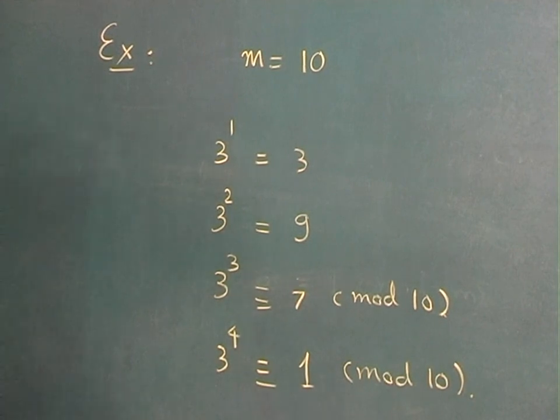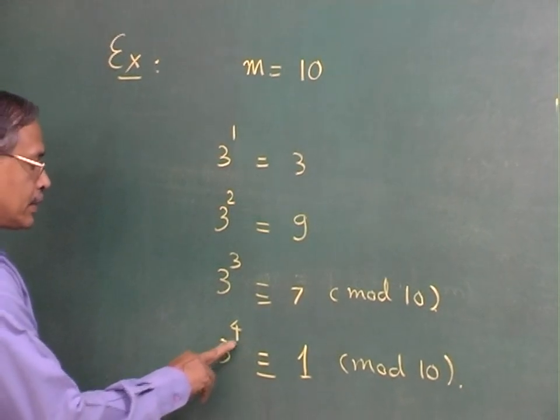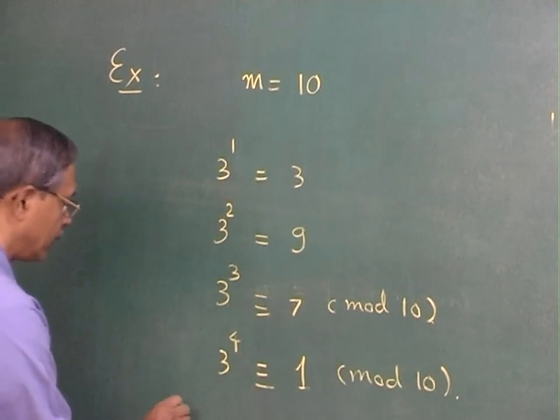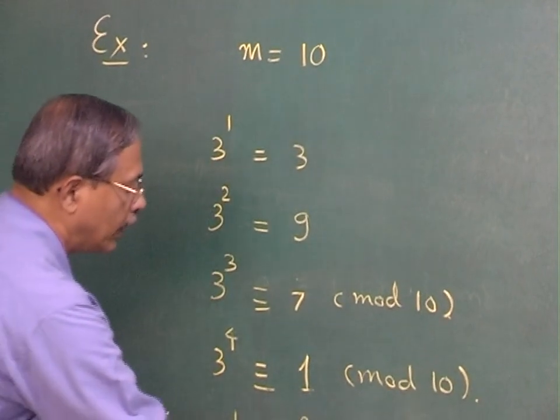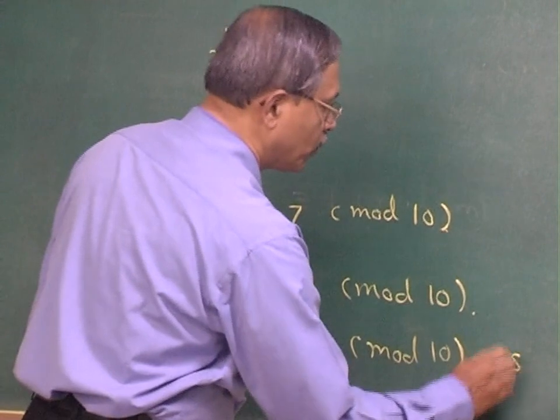So here 4 is the least such that 3 raised to 4 is congruent to 1 mod 10. So the order of 3 mod 10 is 4.